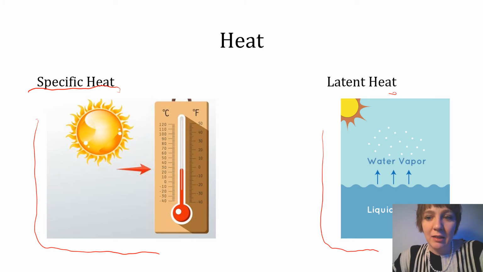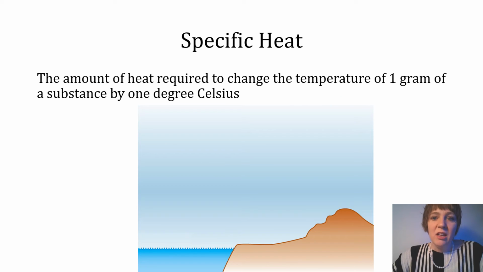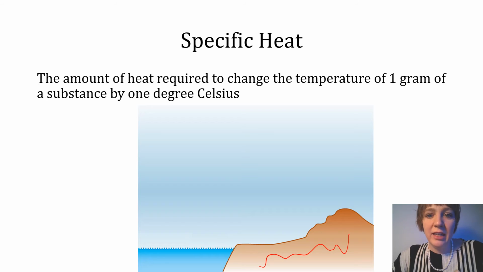Latent heat, on the other hand, refers to the amount of heat taken in or given off by a phase change, a change from, say, a solid to a liquid, or a liquid to a gas, or a gas to a liquid, etc. Now, different substances, as you might imagine, have different specific heats. So on a sunny day, rocks on the ground are going to heat up fairly quickly because they have a fairly low specific heat.